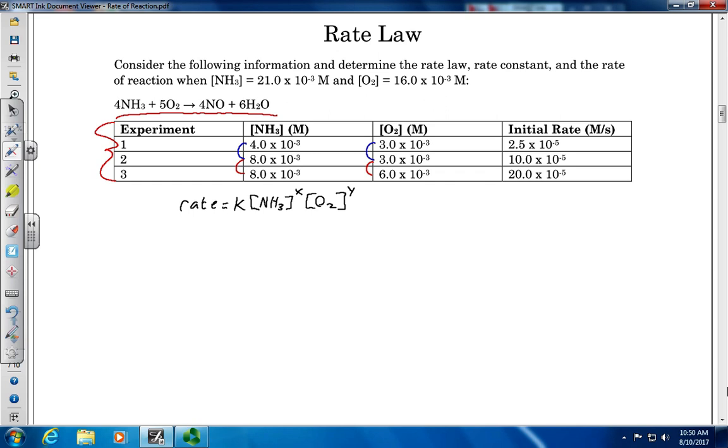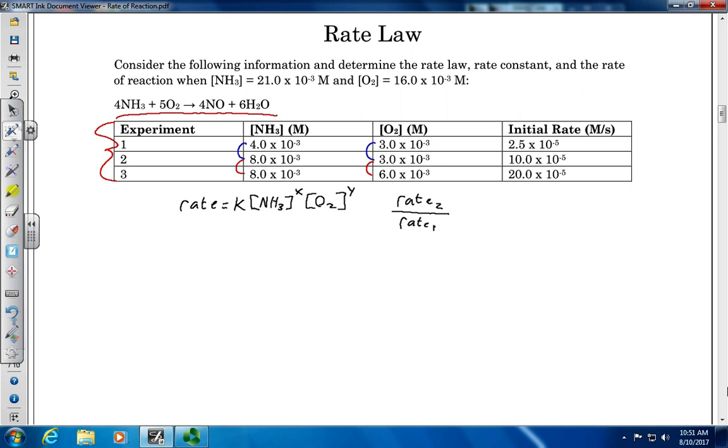Okay, so we're going to look at writing our rate law as a ratio. So we're going to say the rate of experiment 2 over the rate of experiment 1. I chose 2 over 1 because if you look at our initial rates, 2 is greater than 1. So it makes the numbers easier to deal with.